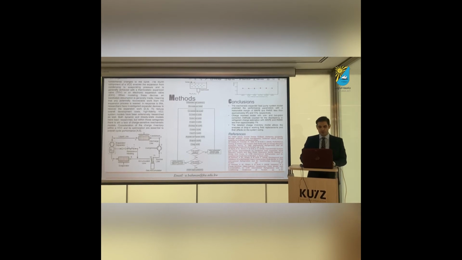Then it goes in sequence through the different components of the system, starting from the accumulator model, suction line model, then compressor, discharge line, condenser. It's good to mention that this model is very detailed, and it also takes the pipelines and the details of the pipelines into account.